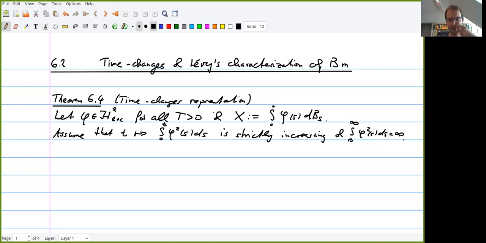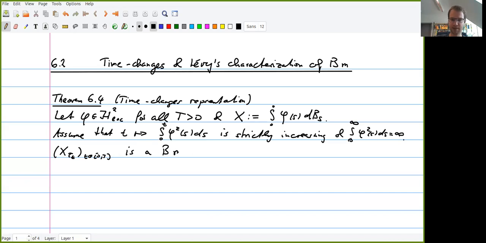This basically says I want my phi to be always non-zero, so that the quadratic variation of this process x increases all the time. Now I can define a time change process, where I replace the t with a tau t, which I define in a minute.